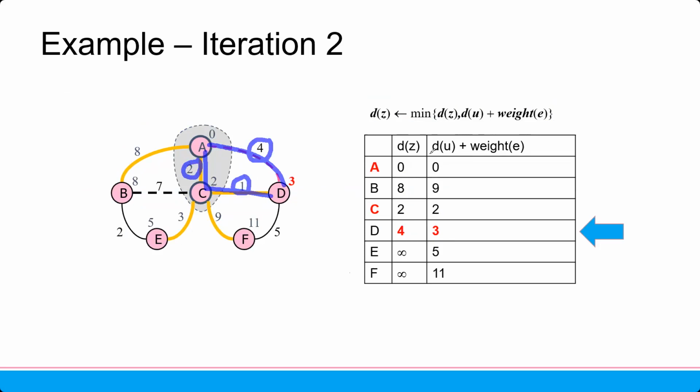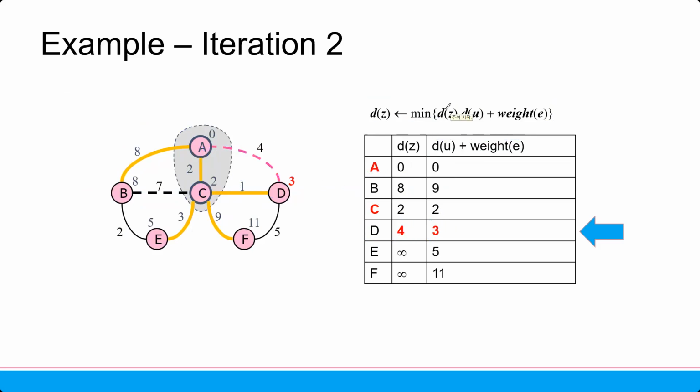And du plus width E, it means from C, if we want to go to D, there will be an additional 1. So the distance is 3. But the original distance from A is 4. Okay, then we can say that this is the du plus width E.